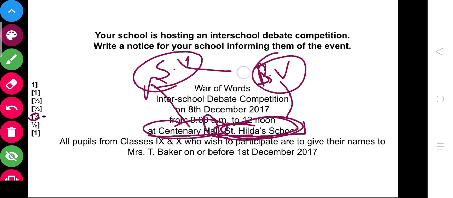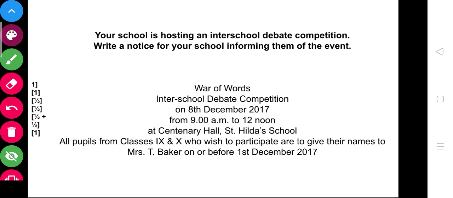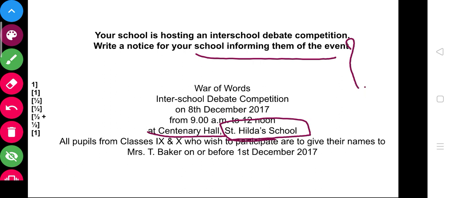For the smaller and the bigger venue, collectively you will get 1 mark, if you write it properly, like at Sanitary Hall, St. Hilda School. If any information is given above, then definitely you are going to use that one, otherwise simply write it. Half mark for this one, half for the other one.